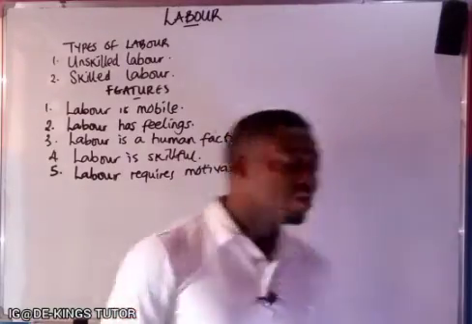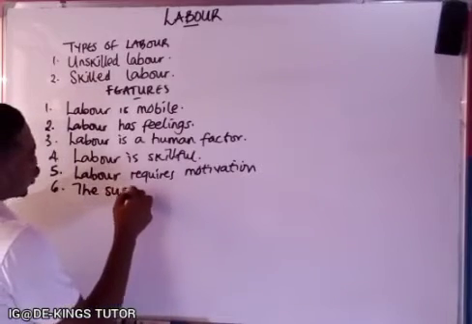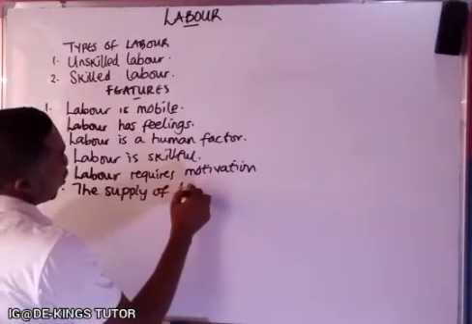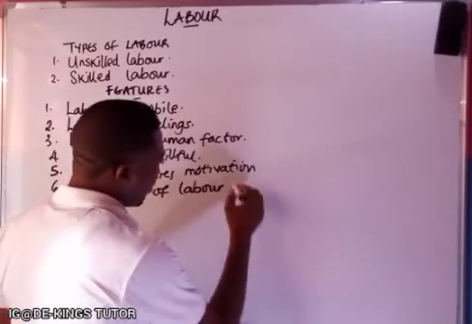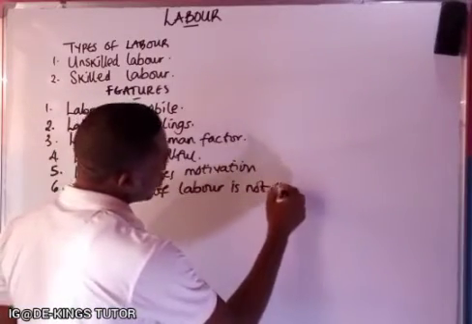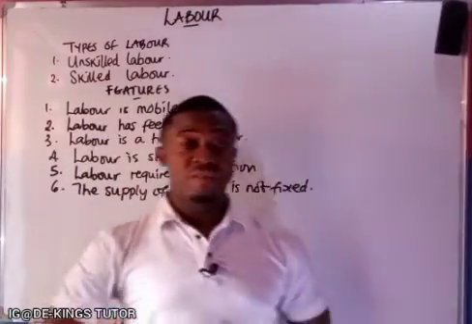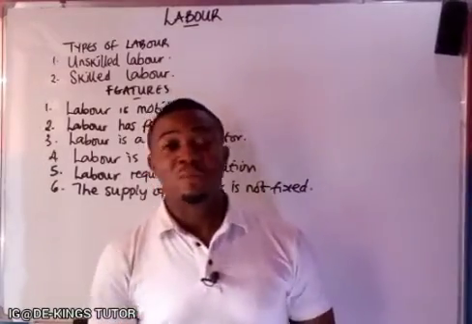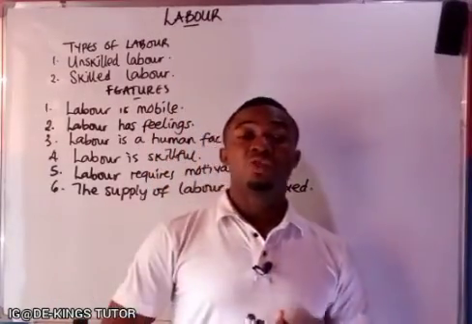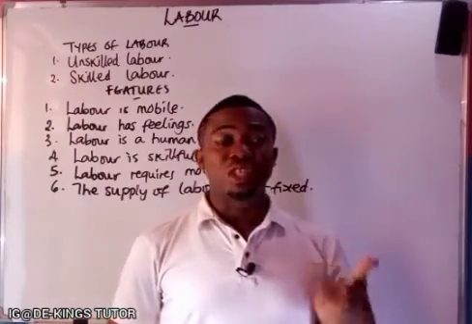Next one: the supply of labor is not fixed. Unlike land, whose supply is fixed, the supply of labor varies in terms of quantity and quality, which we call the efficiency of labor.